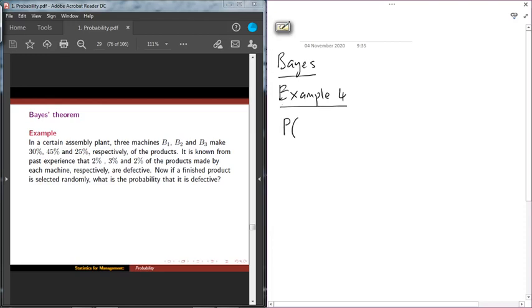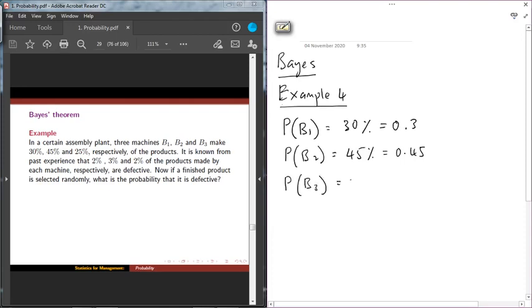The probability of B1, which means B1's part in producing the product, is 0.3. 30 percent, I write as 0.30, so it's 0.3. This is 0.25.